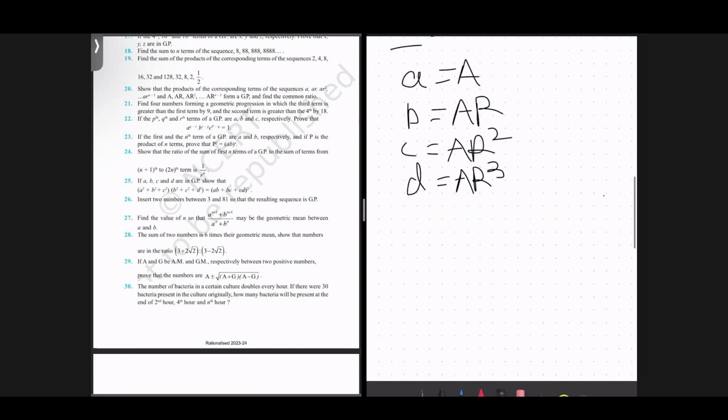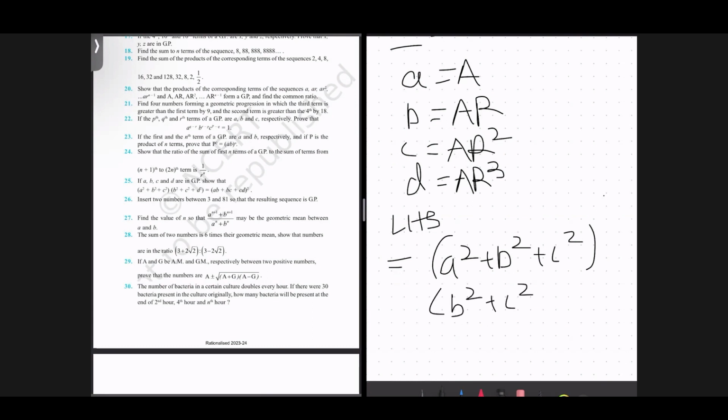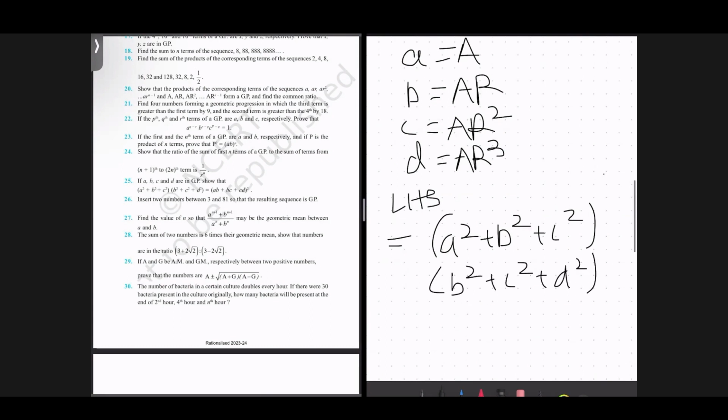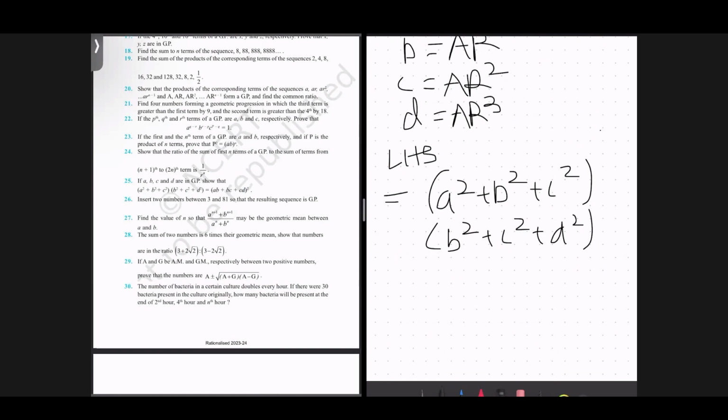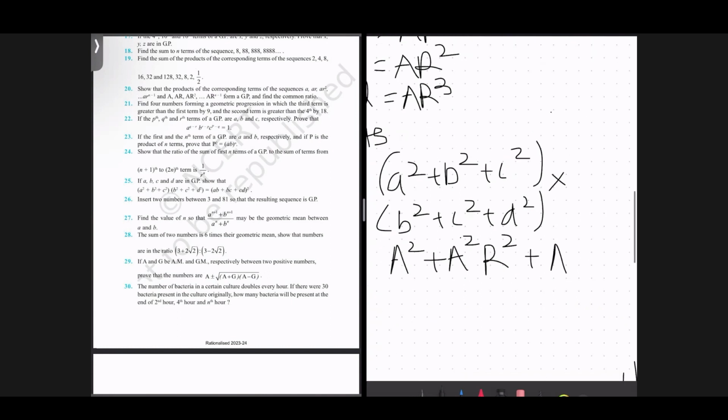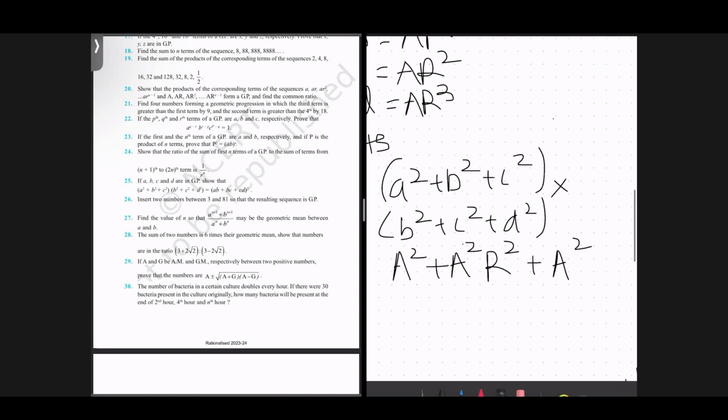When you do that, the LHS would be (a square plus b square plus c square) into (b square plus c square plus d square). Plugging the values of a, b, c, and d from the above equation, you get a square as capital A square, b square as A square R square, plus c square as A square R raised to the power 4, right?